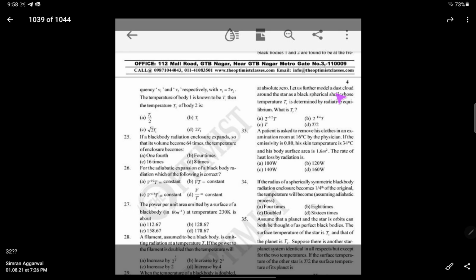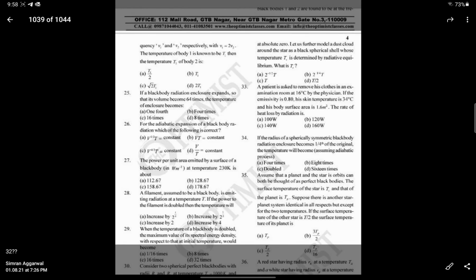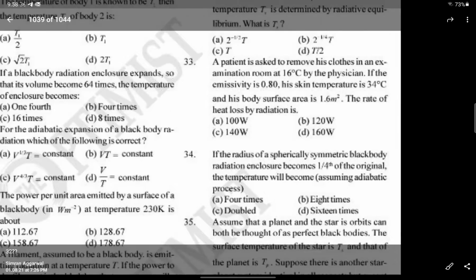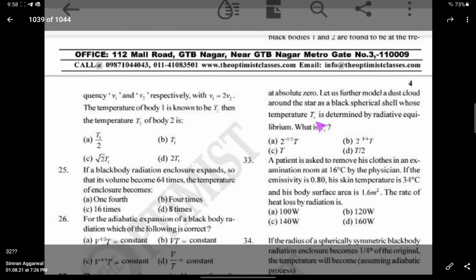Let us further model a dust cloud around the star as a black spherical shell whose temperature, is determined by the radiative equilibrium. So here it is something like Ts, not T.